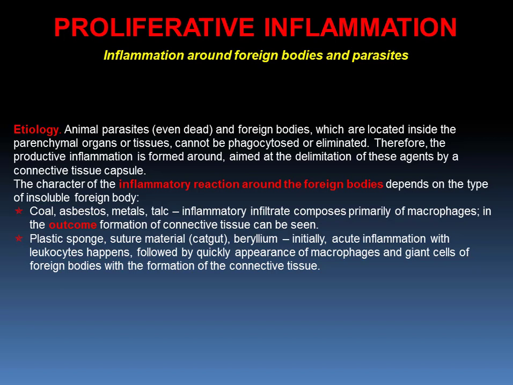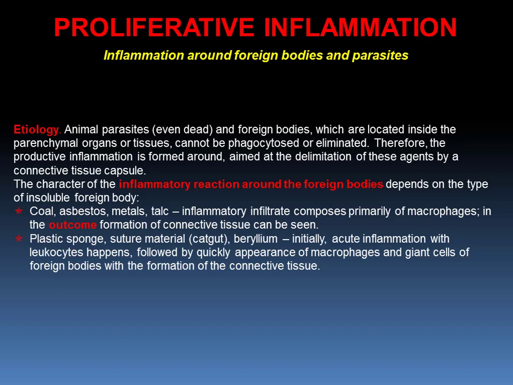So, first of all, chitin capsule of parasite, after that fibrous capsule formed by our organism, infiltrated by eosinophils, which are main cells in anti-parasite immunity, lymphocytes, macrophages, fibroblasts, giant cells of foreign bodies, epithelioid cells. It is typical cellular composition for such type of inflammation. Outcome of inflammation is usually sclerosis and deformation of the wall of hollow organ where parasite is located.